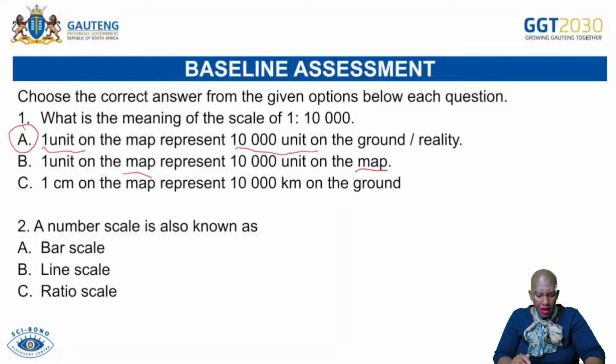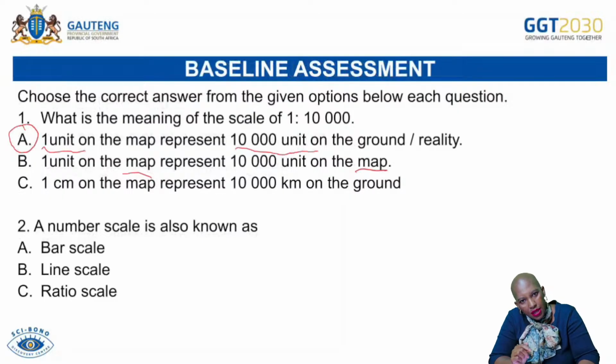Let's go to number 2. A number scale is also known as: A, a bar scale, B, a line scale, C, a ratio scale. Who's having the correct answer?